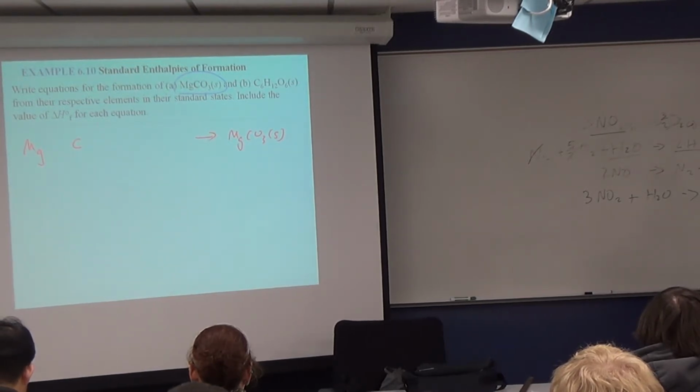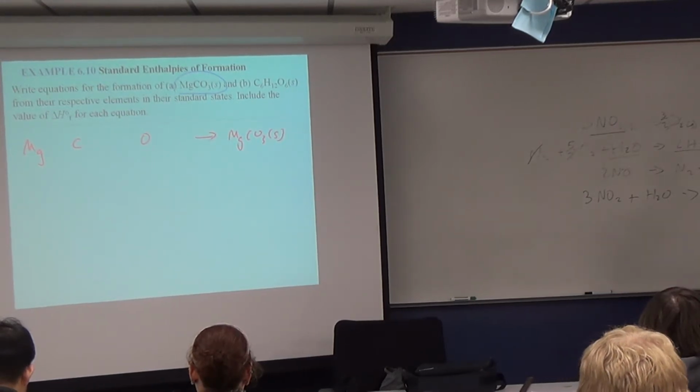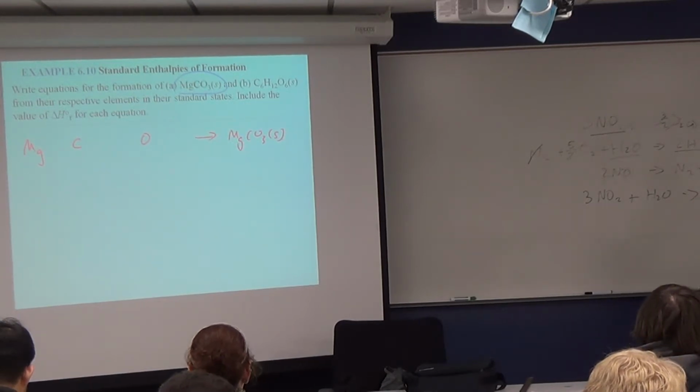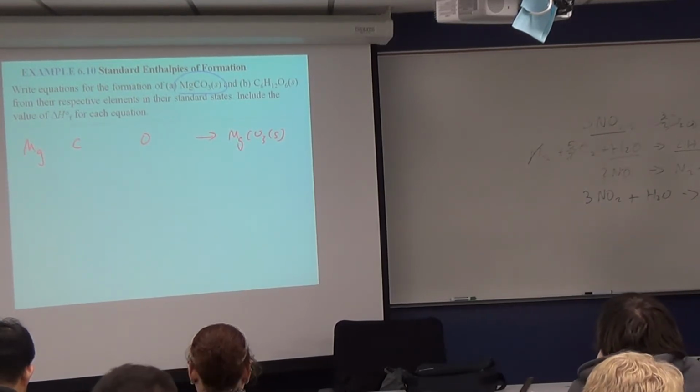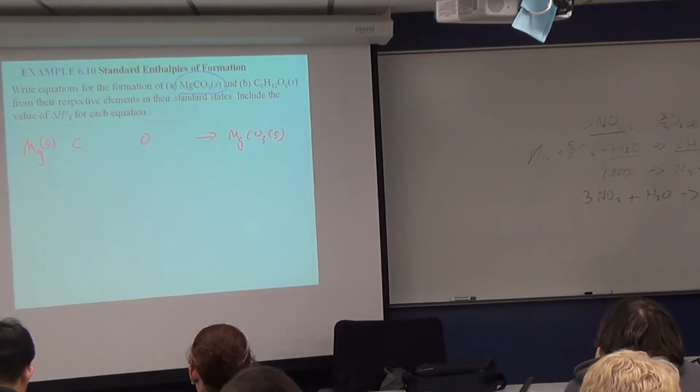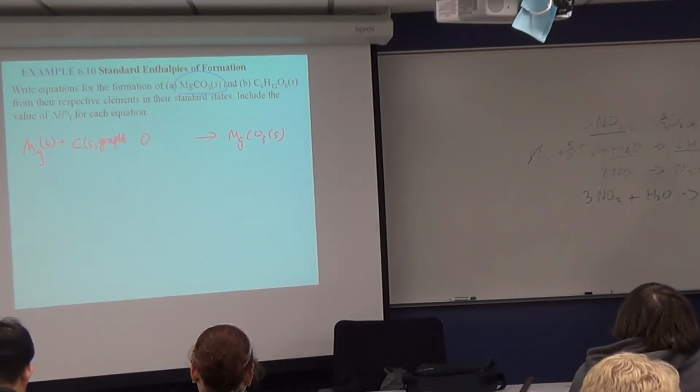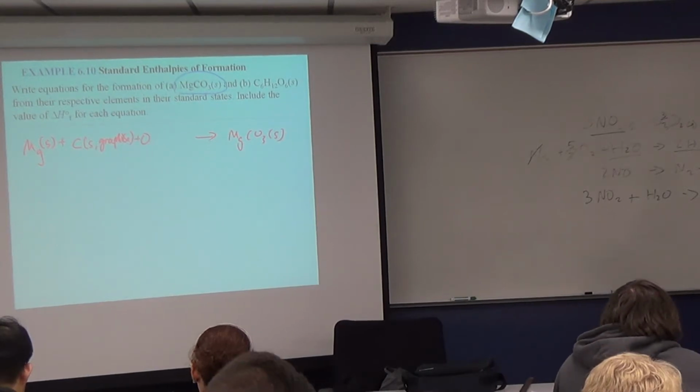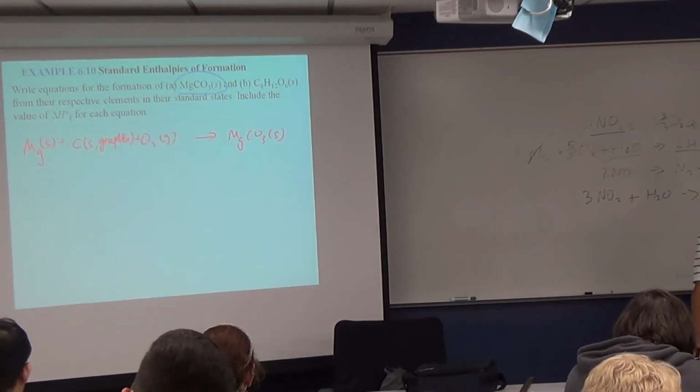What else? Oxygen. So simple. For magnesium, what should you use, Mg2, Mg3? You go to the table and you will see just simply Mg solid. So that is good. Carbon, many times solid, so this will be graphite, plus O2 gas. That's it.